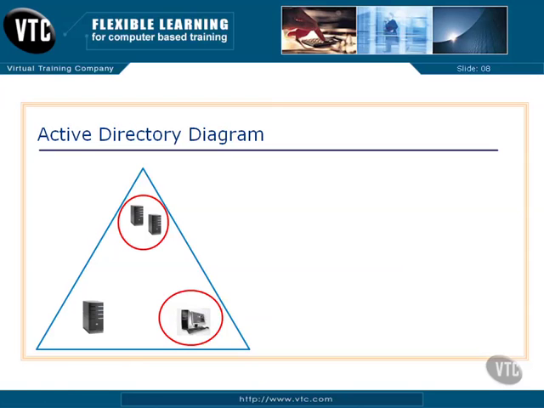And then I can set up a different server in here that performs maybe file and print services or terminal services, and I can put it in its own organizational unit. Basically, I'm grouping administrative features. And then I can apply group policy and security settings on these organizational units.